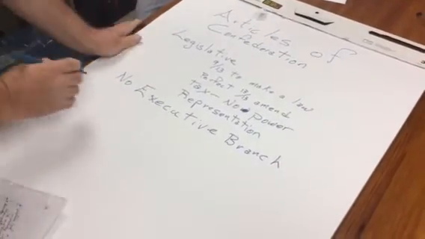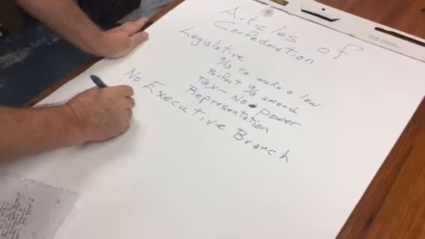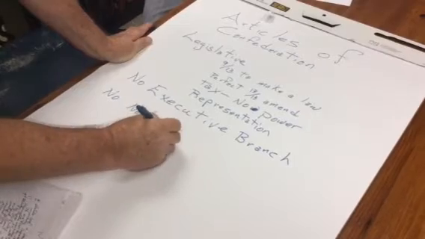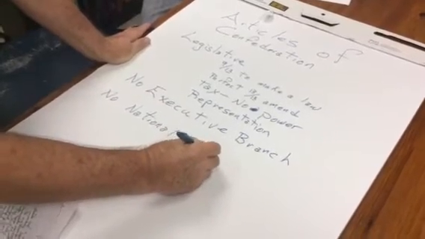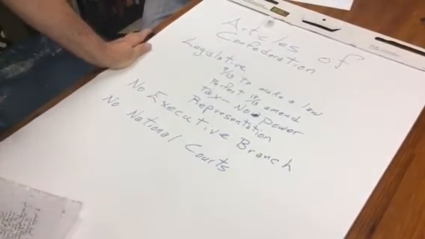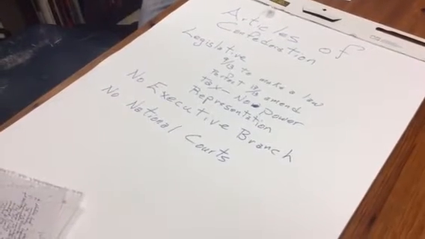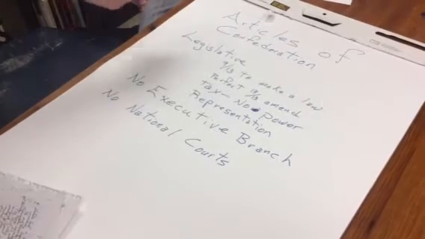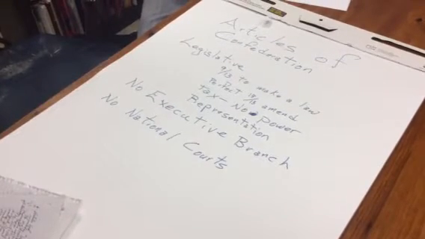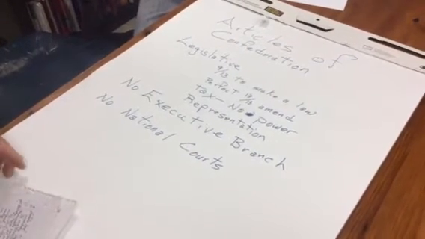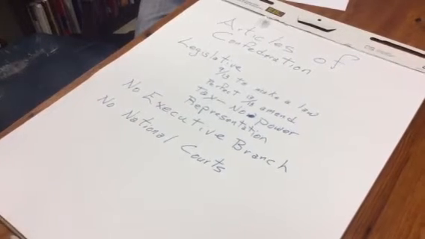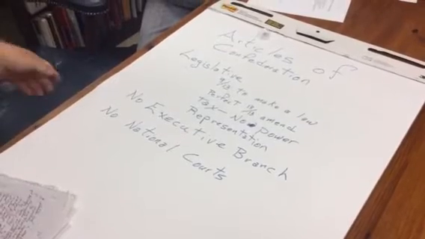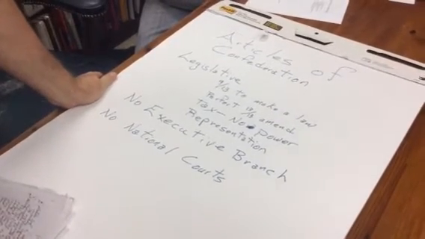Then there was no national court system. So that if a person, a Georgian, wanted to sue a South Carolinian, there was no neutral forum in which to try the case. You either had to come try it in Georgia or go to South Carolina. In either case, neither party would have been totally happy.